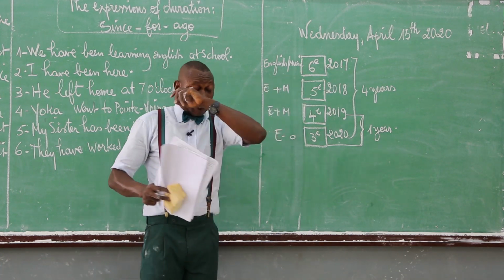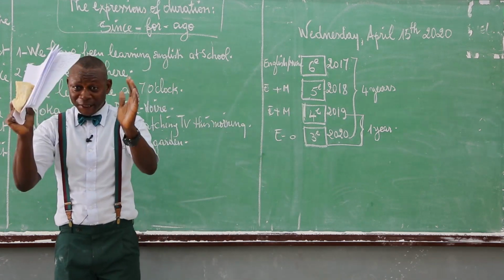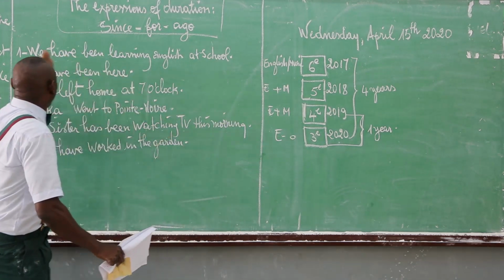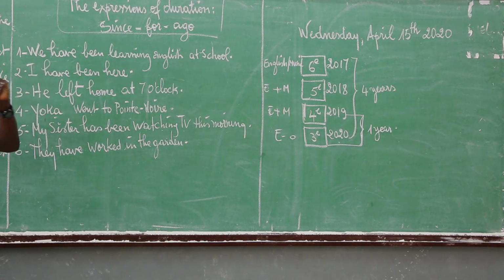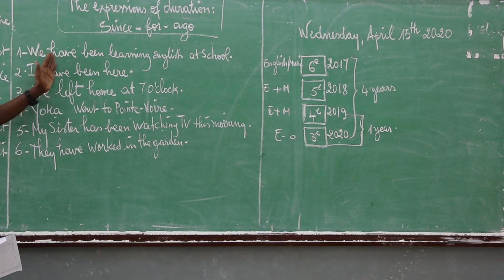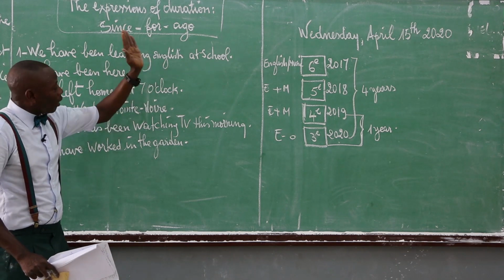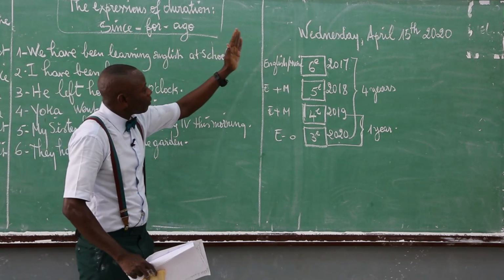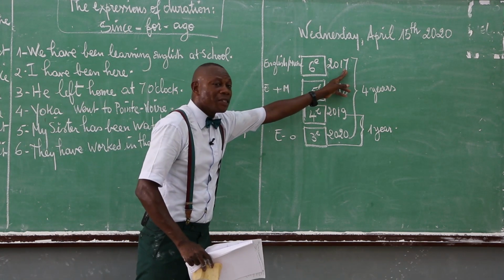As far as yourself is concerned, you say this. I have, okay, because the first person singular, I have been learning English at school since 2017.